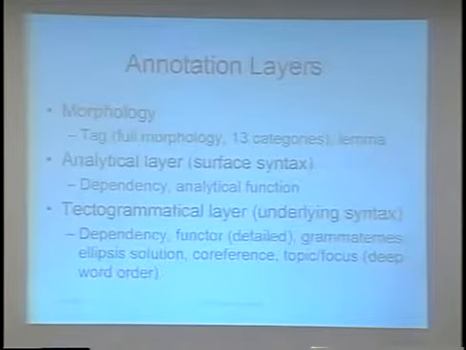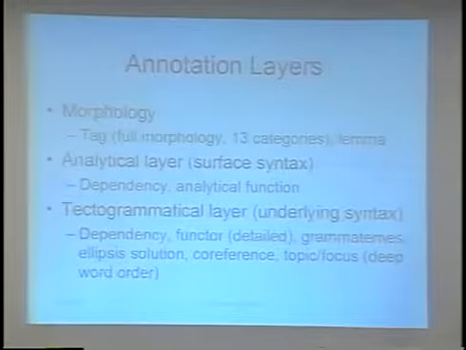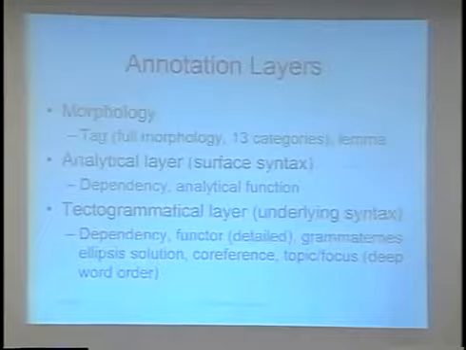The next level is what we call the analytical layer, and it's the surface syntax. Based on the tradition, we use the dependency syntax, but it's basically convertible to parse trees back and forth, and we have used that for our parsers as well. And the last level I will talk about the most is the so-called tectogrammatical layer, which is something between syntax and semantics.